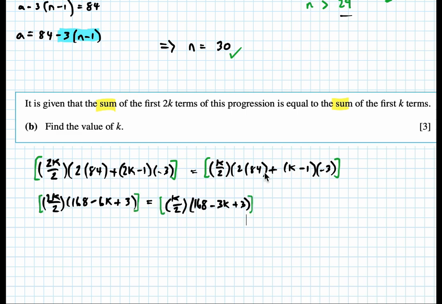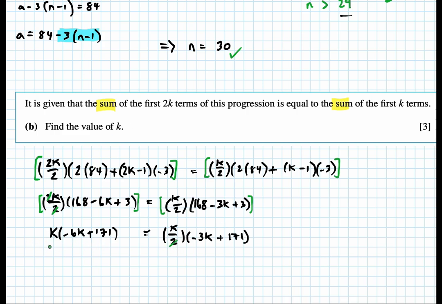Okay, and simplifying it down again, the k in front. k times 171 minus 6k, I'll just turn that around, is equal to k times minus 3k plus 171 as well. And from there you can multiply everything out.